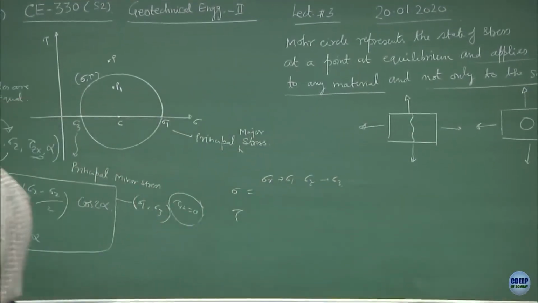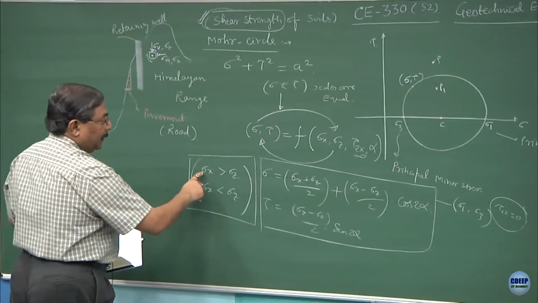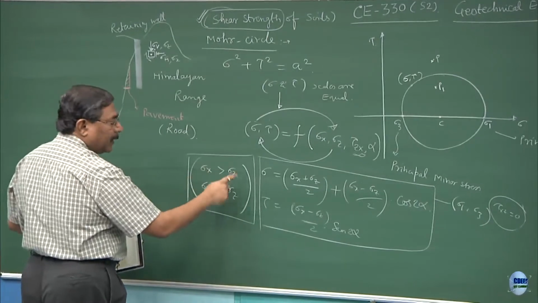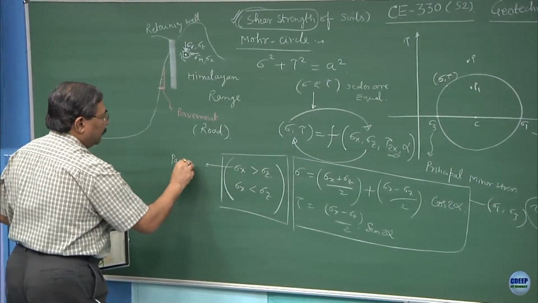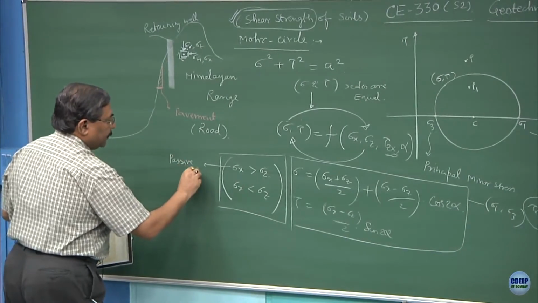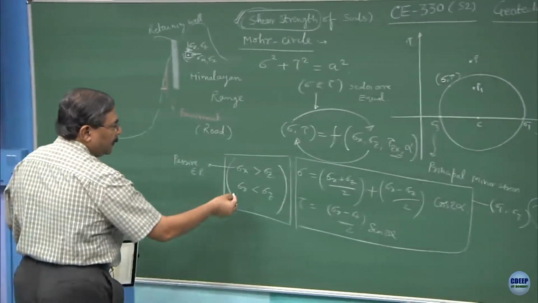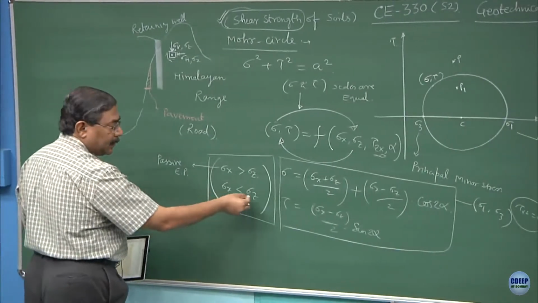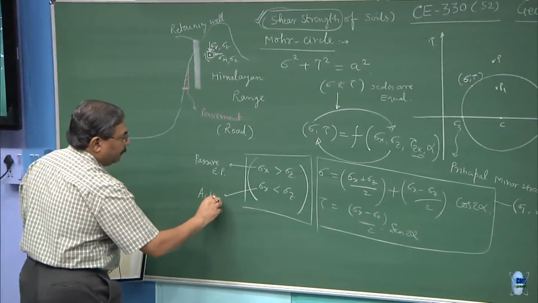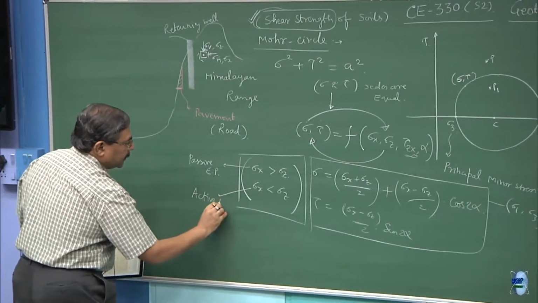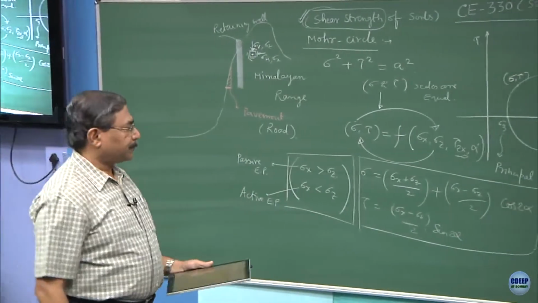Later on we will study that this type of situation, where the horizontal stresses are more than the vertical stresses, becomes a passive state of the material, passive earth pressure. And as long as the lateral stresses are lesser than the vertical stresses, this becomes the active state of earth pressure. EP corresponds to earth pressure.